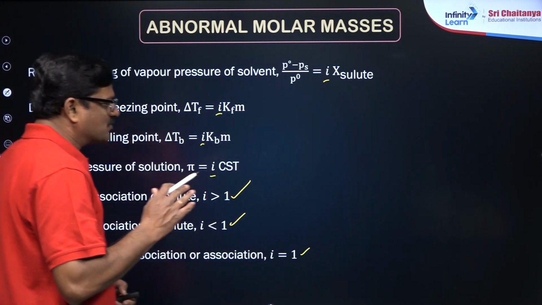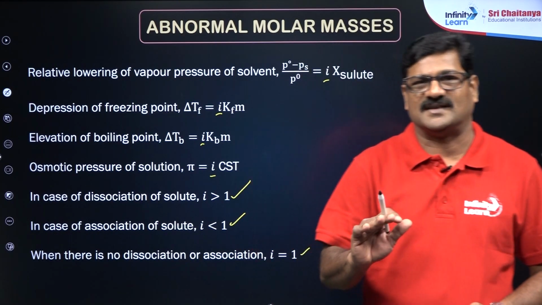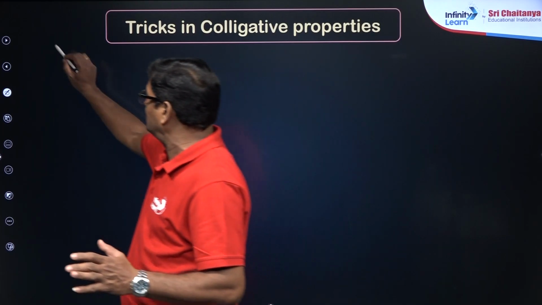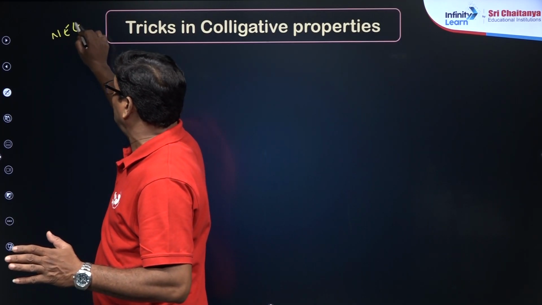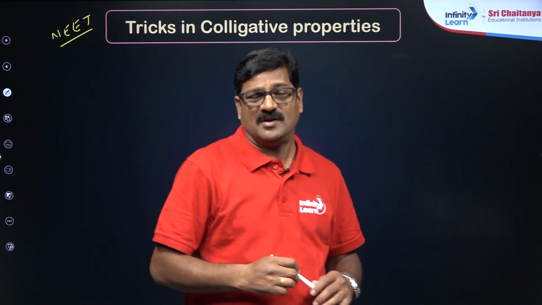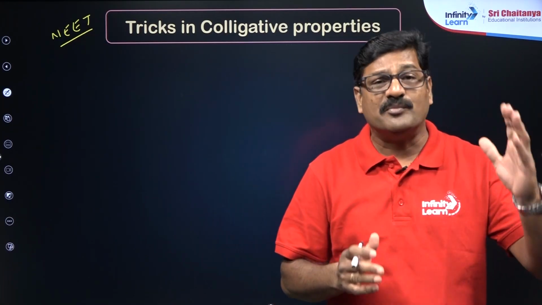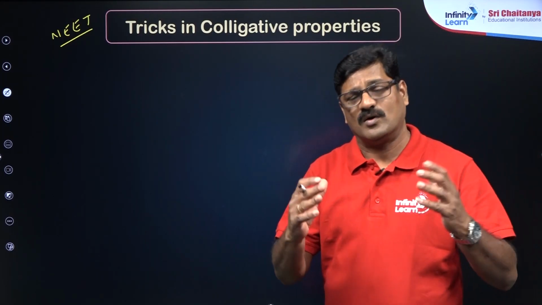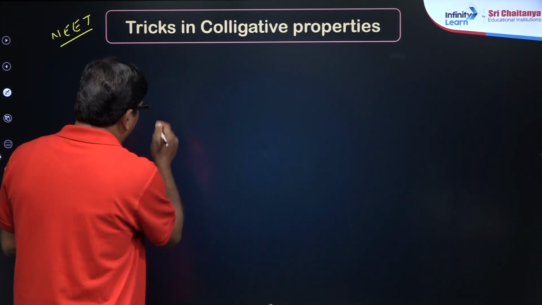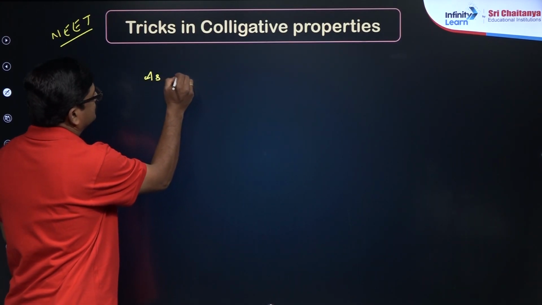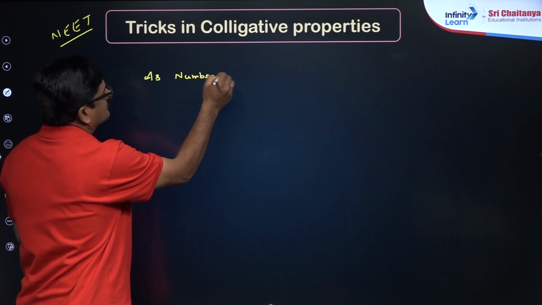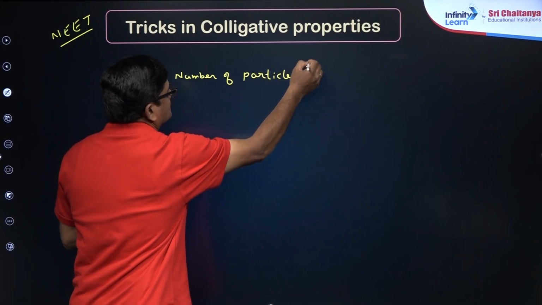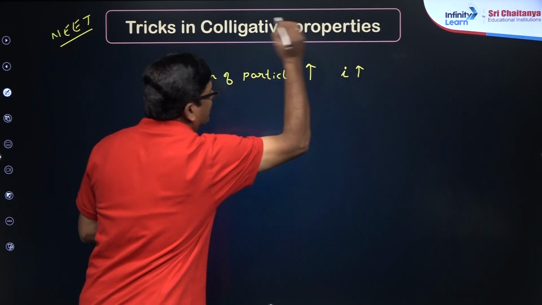And also I just want to give you a simple trick for the NEET examination at the end, a trick in colligative properties. In the NEET examination you will be asked which of the following has the high vapor pressure, which has the high boiling point, which has high osmotic pressure. As the number of particles increases, the van't Hoff factor i value increases.